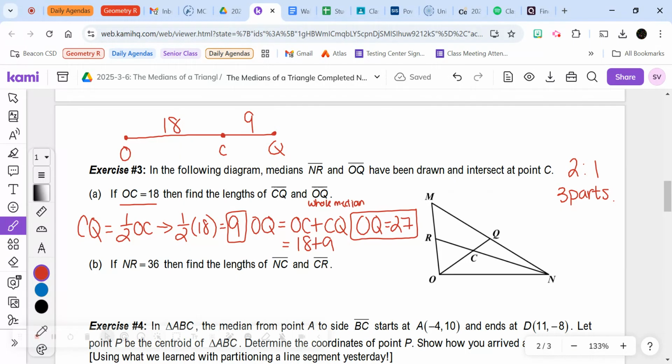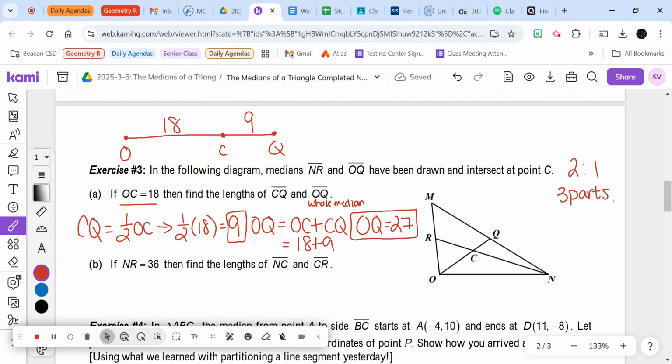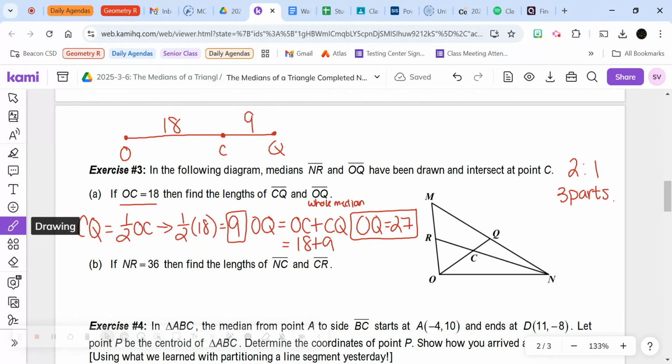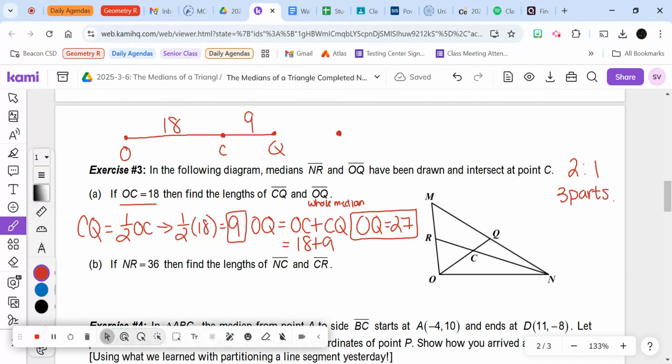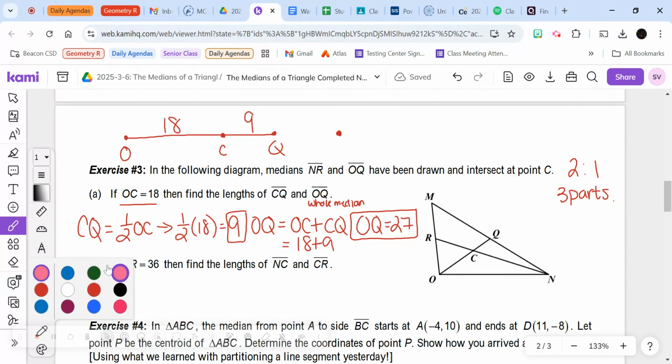Part B is asking us to figure out what the pieces are equal to if we know what the whole entire length is originally to start off with. So NR is the other. Okay, so NR, just to have a different picture here.